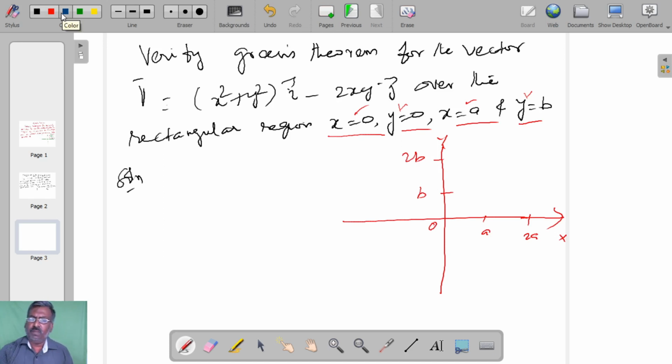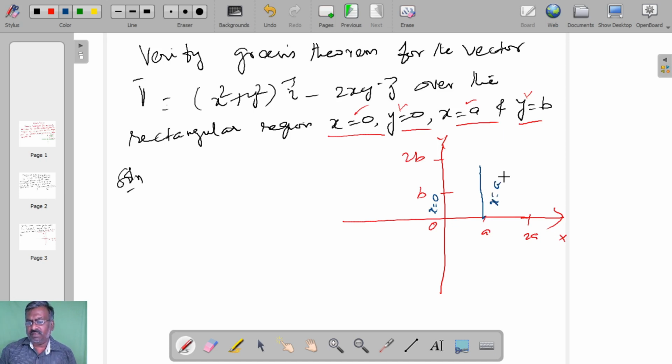Next, first we draw these equations. Now see, first x equal to 0, then x equal to a. x equal to 0 lies on the y axis. Then x equal to a means keep the a here and draw a perpendicular line to the x axis. This is x equal to a.